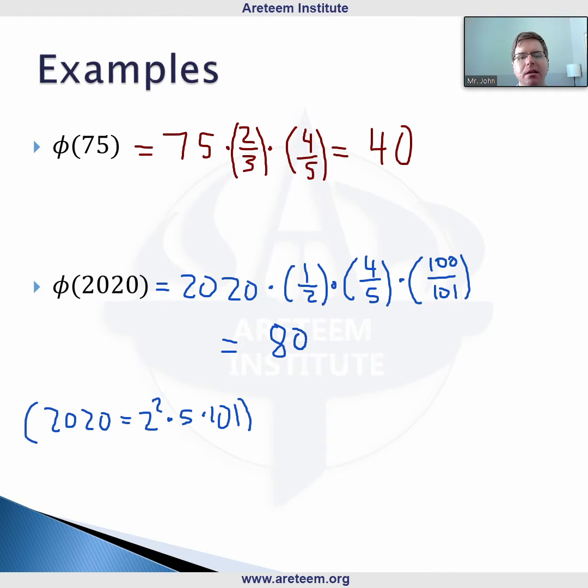So there are 800 numbers from 1 to 2020 that are relatively prime with 2020. You wouldn't want to have to do that by listing things out, since the patterns are a little bit complicated. So this is really an easy formula to use and is pretty helpful when you're looking for relatively prime numbers and how many of them there are.